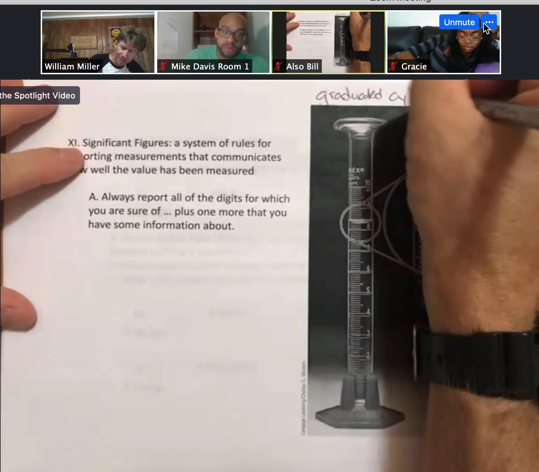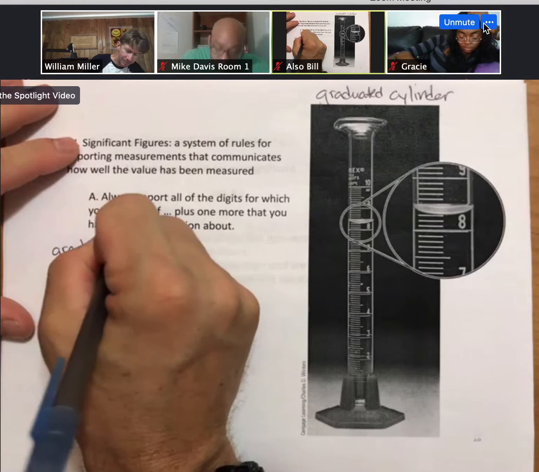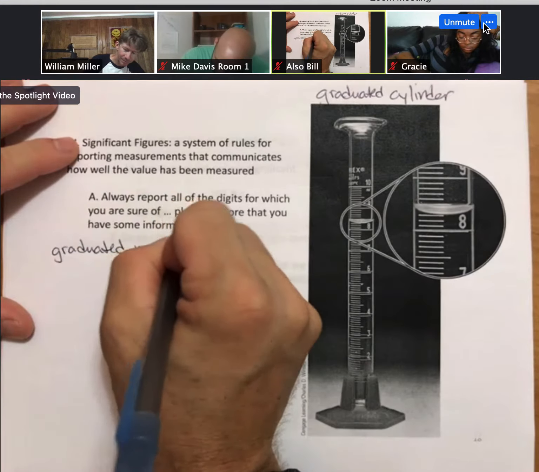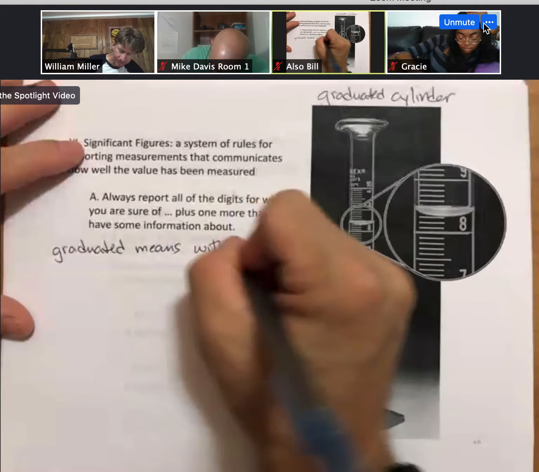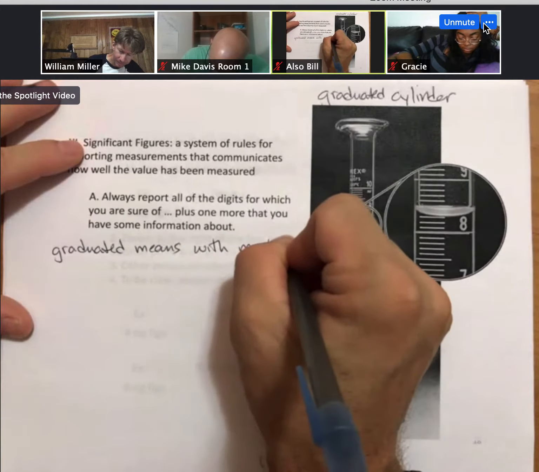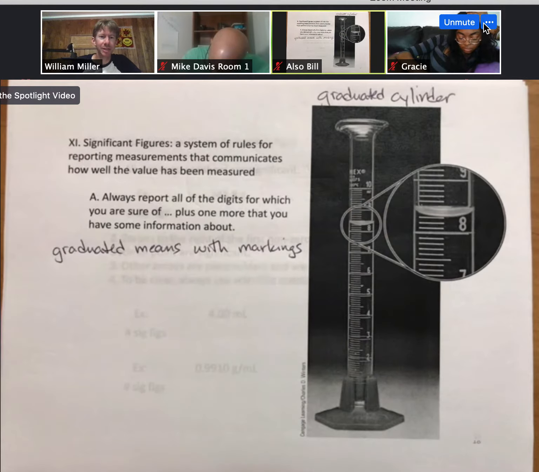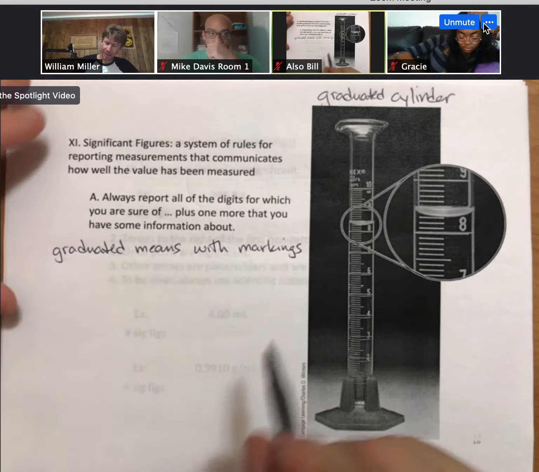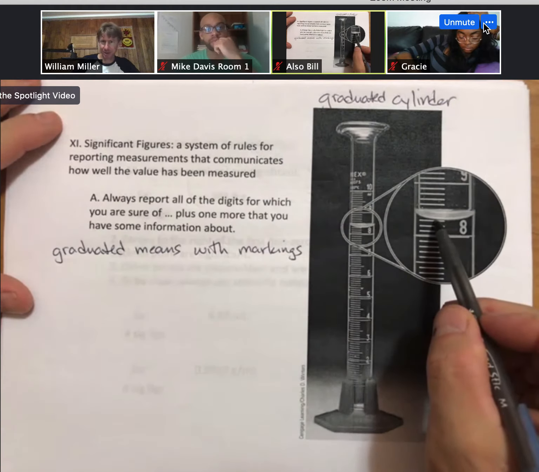A graduated cylinder, where graduated means with markings. Right? We all hope to be graduated someday, but in a different sense, not in the sense that it means with markings. So it means with markings, and you can see the markings on this graduated cylinder, and I've even got a close-up here.